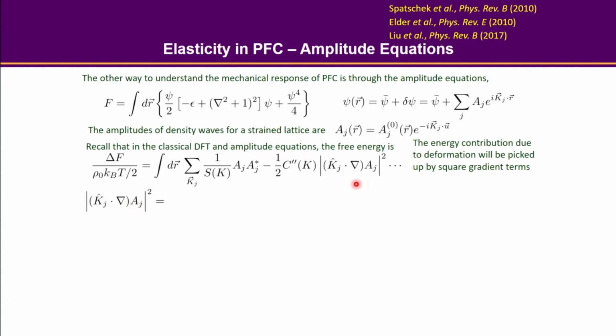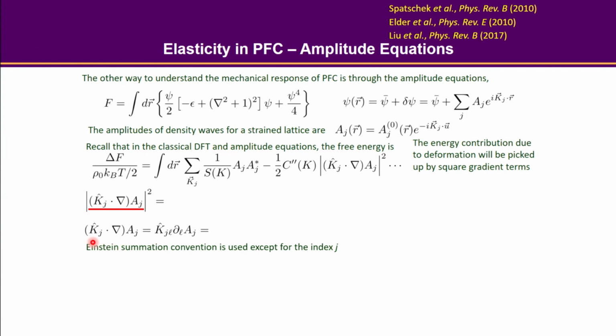Okay, so we are going to work out that square gradient term. But it's always easy to manipulate this spatial derivative in terms of Einstein's summation convention. So I can always write, for example, there's an inner product of this vector and the vector operator, the del operator.